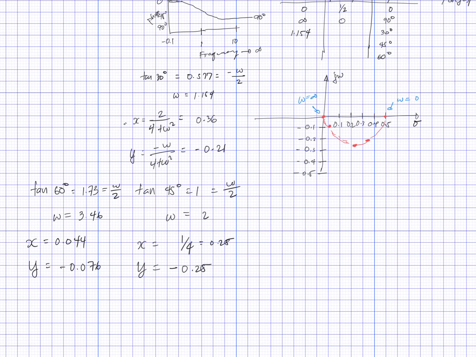So we could see that this is the phasor right here, because this line represents your omega from 0 to infinity, and as it goes from 0 to infinity in this direction, the x value is decreasing and the y value is also decreasing. Does that make sense?